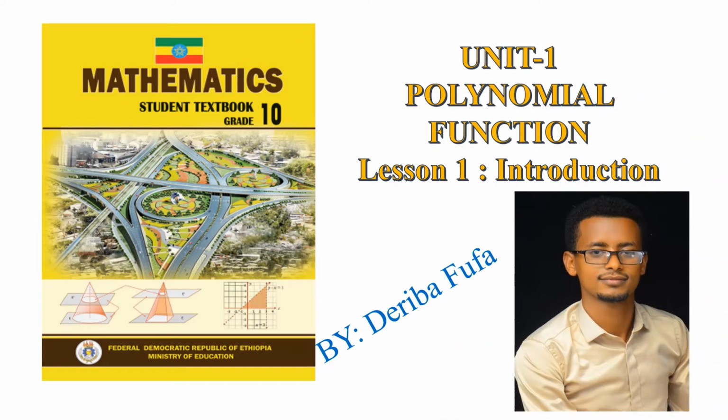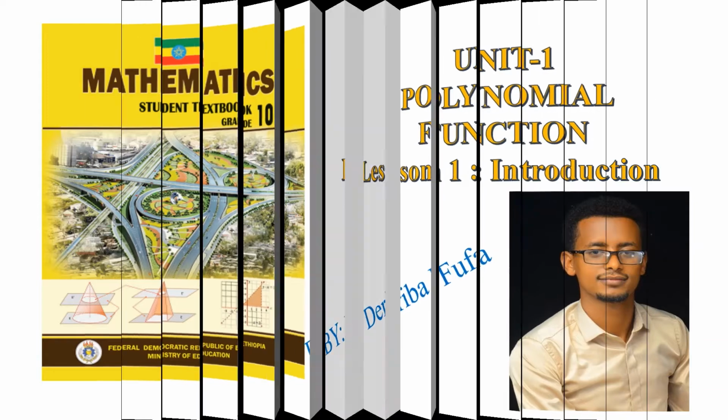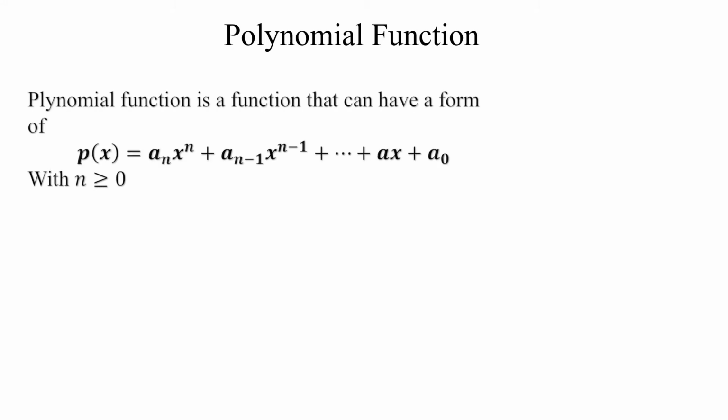Unit 1. It says polynomial function. A polynomial function is a function that can have the form p(x) equals a_n x to the power of n plus a_(n-1) x to the power of n minus 1 plus a_(n-2) x to the power of n minus 2 plus, continuing, then plus a_1 x plus a_0, with n greater than or equal to 0.